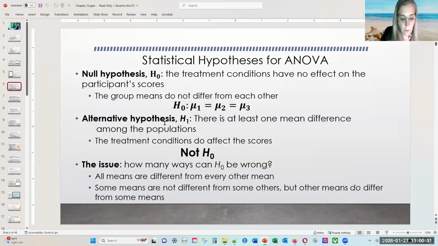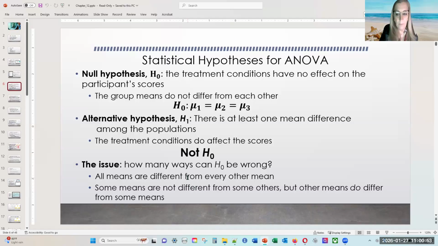And then the alternative hypothesis is saying that there's at least one mean difference among the populations, although it does not specify which one is different and what it's different from. So it just says that it's not H0, so it's not null, all right?